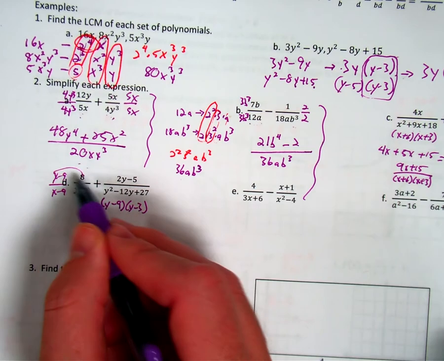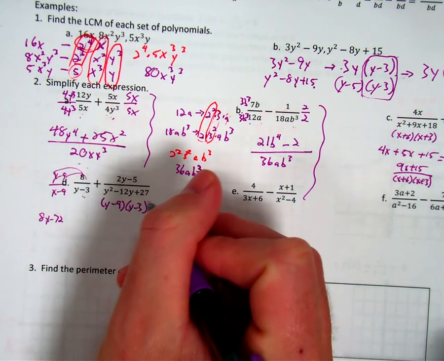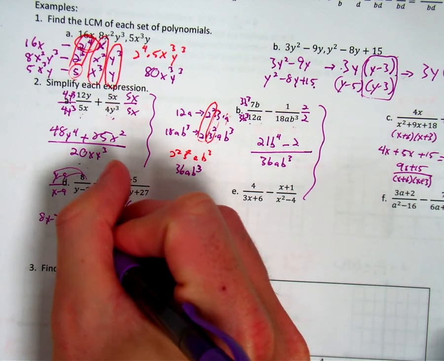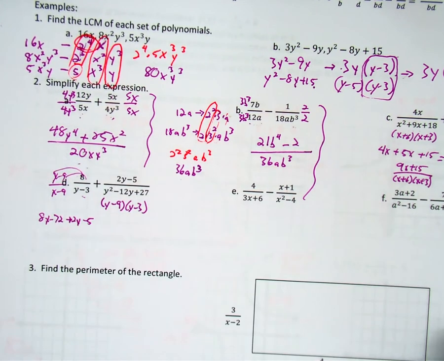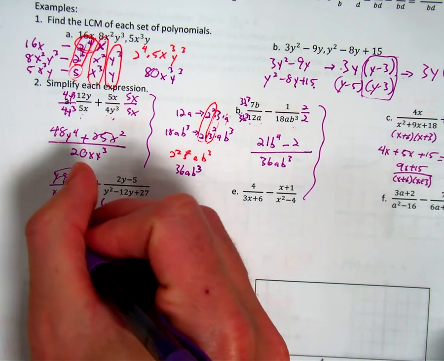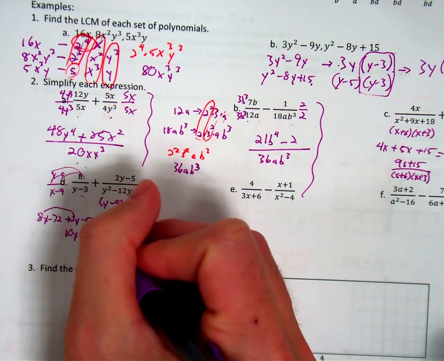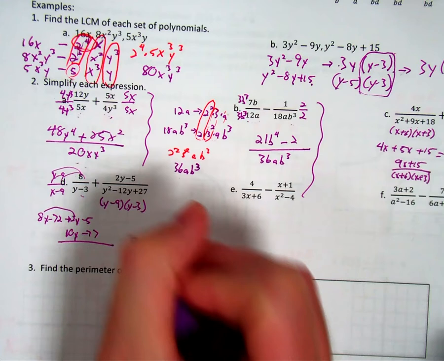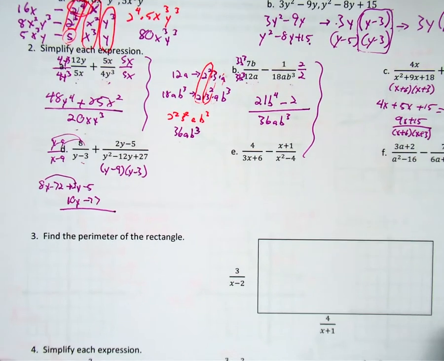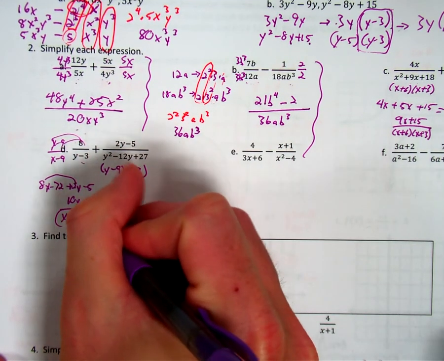Okay, and that's going to be 8y minus 72 plus 2y minus 5. All right, 8y plus 2y is 10y, negative 72, negative 5, minus 77, all over our y minus 9, y minus 3.